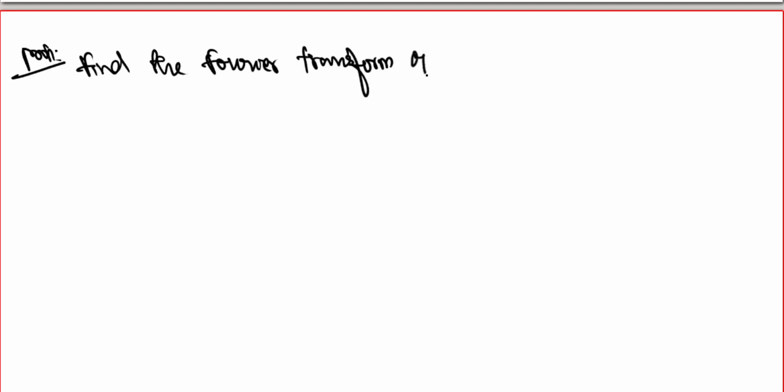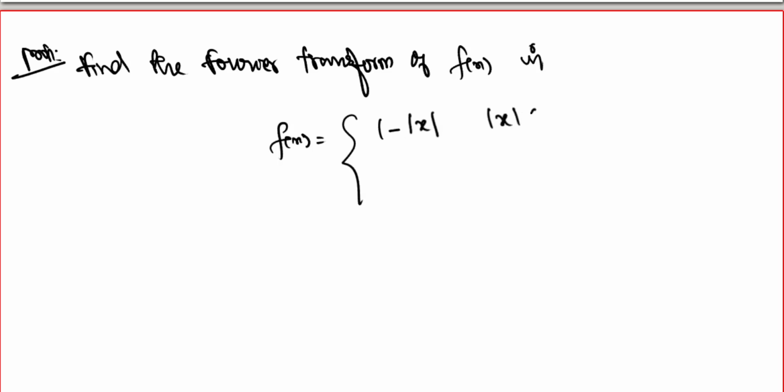Find the Fourier transform of f, if f of x is equal to 1 minus mod x for mod x less than 1 and 0 otherwise.